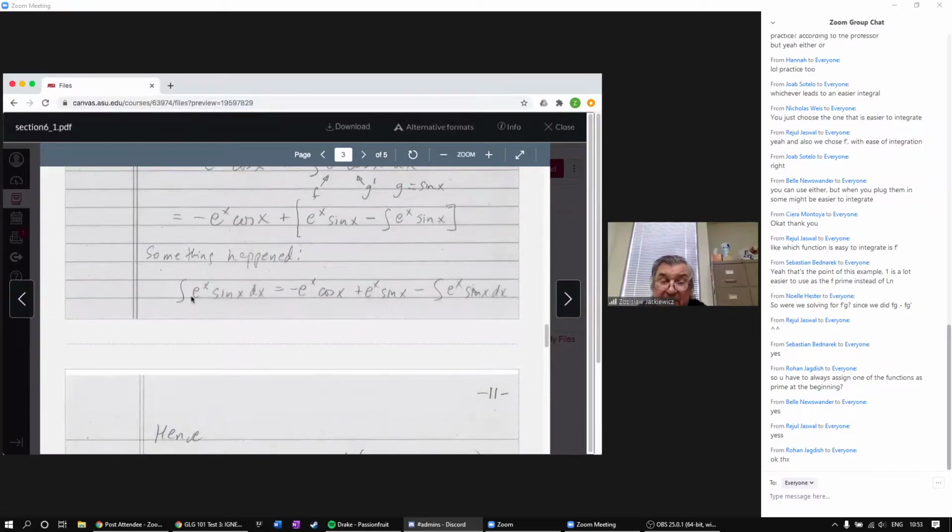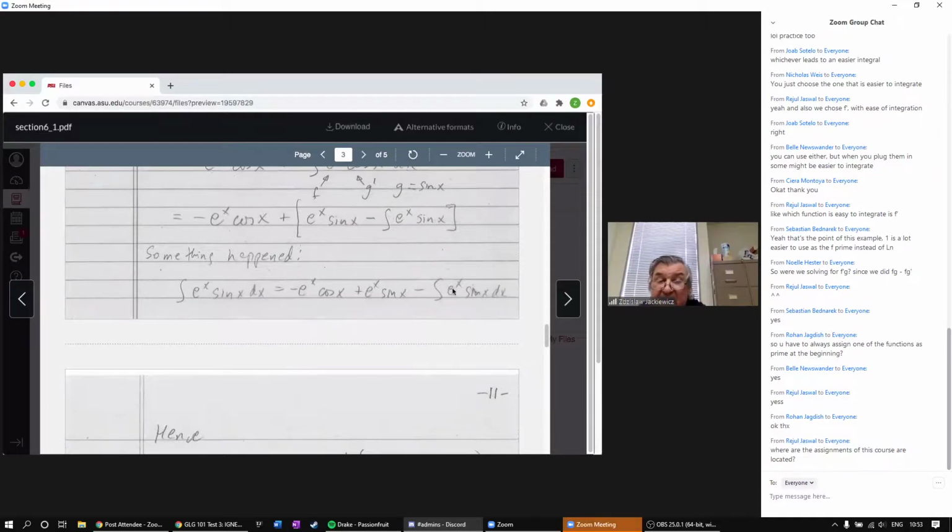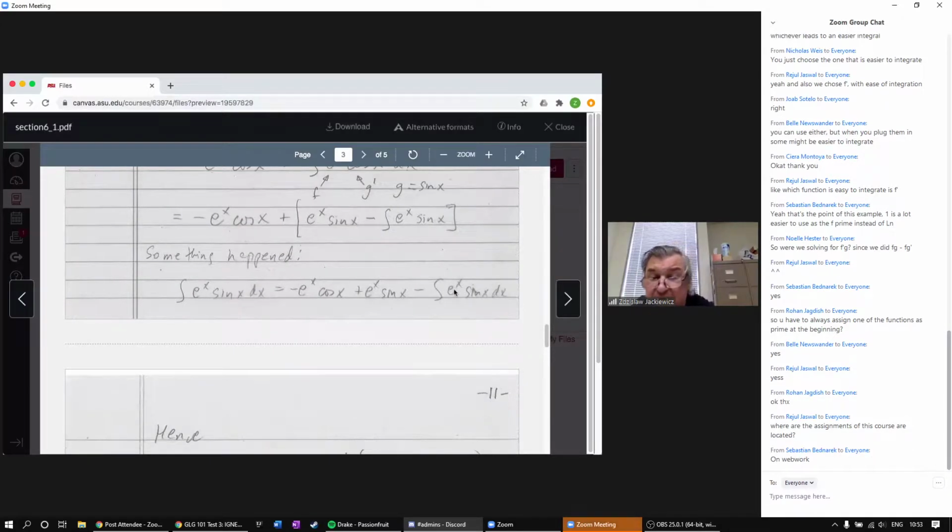So in other words, integrating by parts twice, we got to the conclusion that the integral of e to the power x sine x dx is minus e to the power x cosine x plus e to the power x sine x minus the integral of e to the power x sine x dx. So it looks kind of crazy because in order to compute this, we have to compute the same thing.